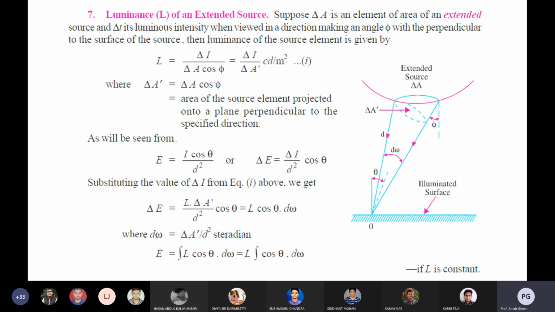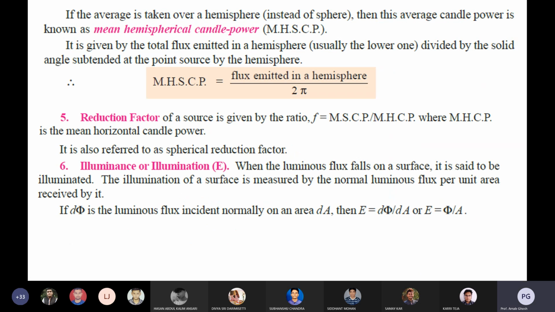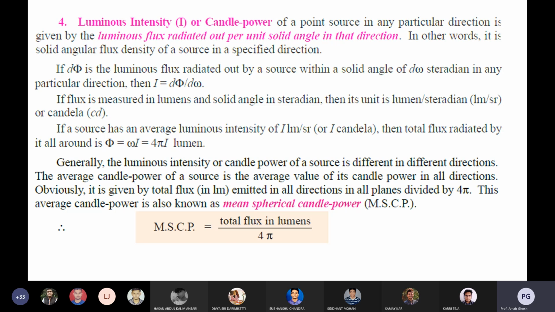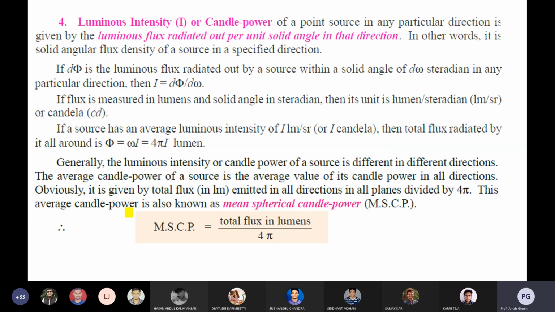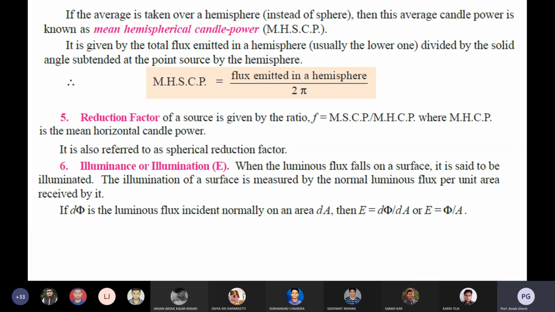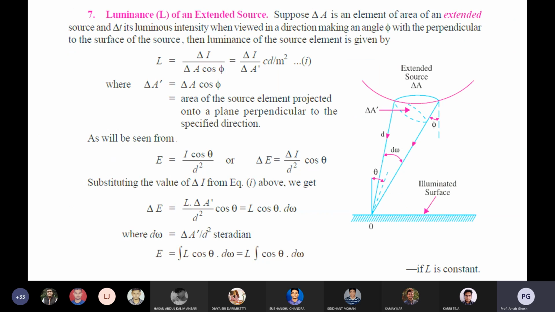So basic definitions were discussed, such as solid angle, then luminous flux, luminous intensity, candle power, different factors, reduction factor, then illuminance and luminance.